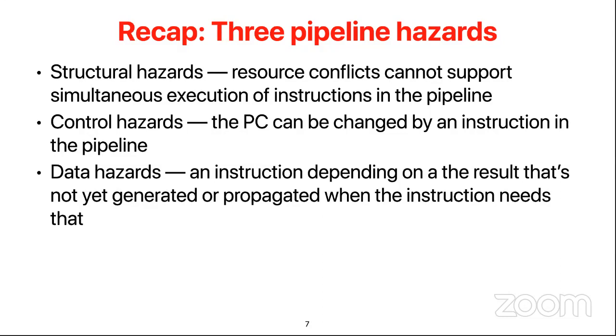Presumably, if you design the processor properly, you shouldn't meet the issue. Another type is the control hazard: whenever you have a branch, you are going to have a control hazard. And the last type is the data hazard, where an instruction depends on the output of another instruction.